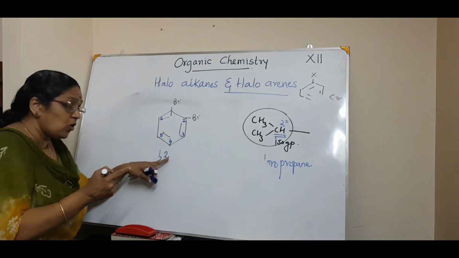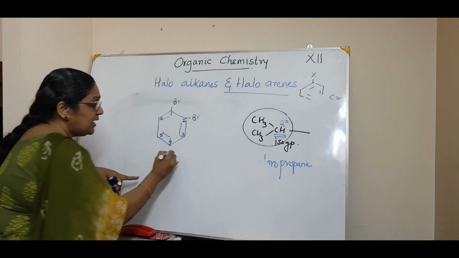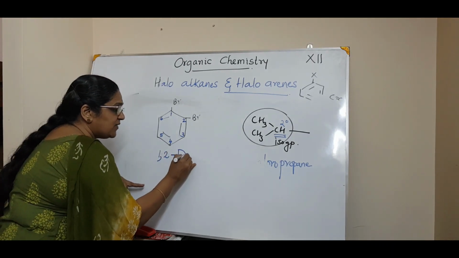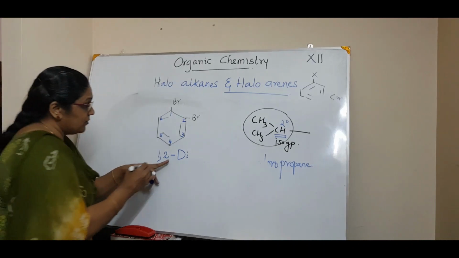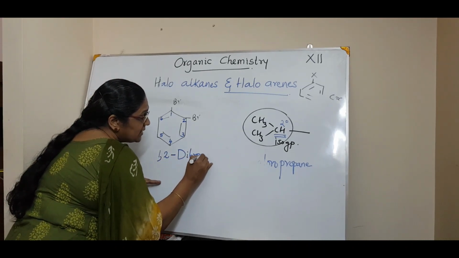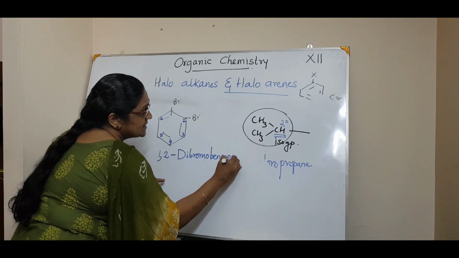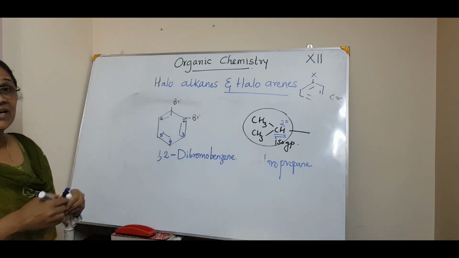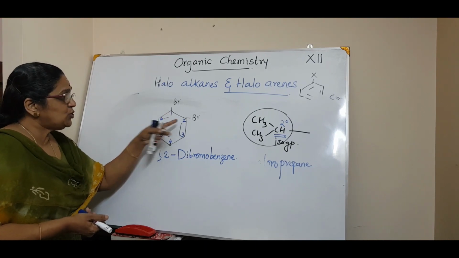So 1 comma 2, then a hyphen, dibromo, then all others small: dibromobenzene. See, this is how you have the nomenclature. Very important.